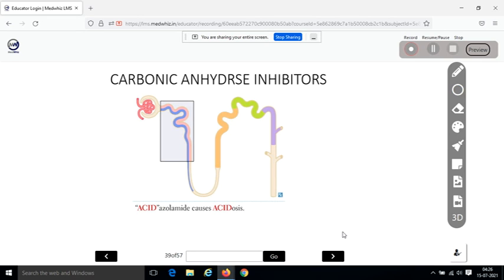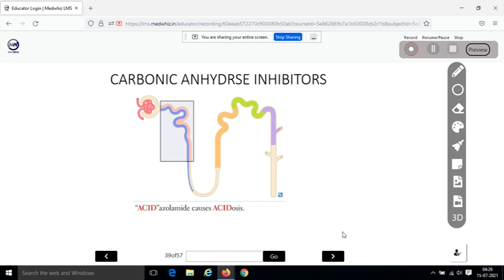Now, all the carbonic anhydrase inhibitors are well absorbed after oral administration. An increase in urine pH from the bicarbonate diuresis occurs within 30 minutes, is maximum at 2 hours, and persists for 12 hours after a single dose. Excretion occurs by tubular secretion in the proximal tubule.